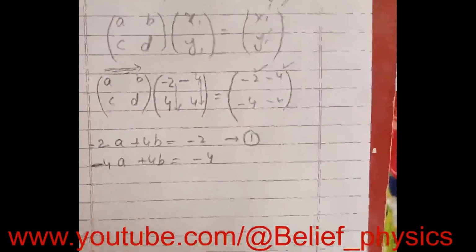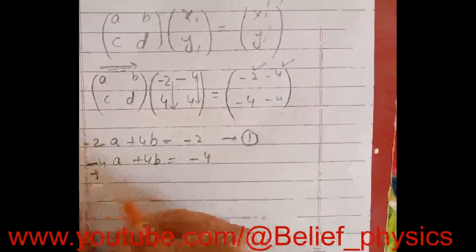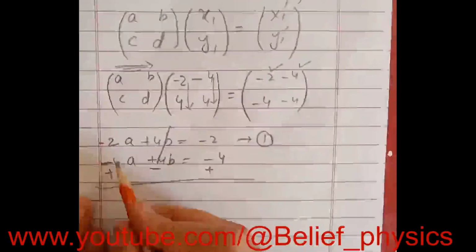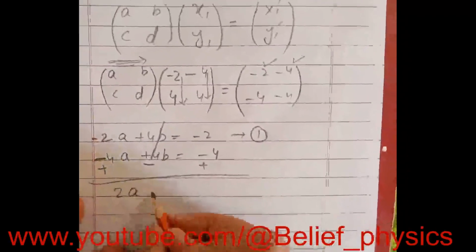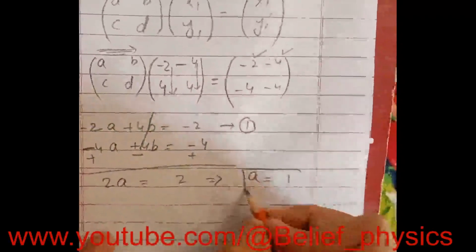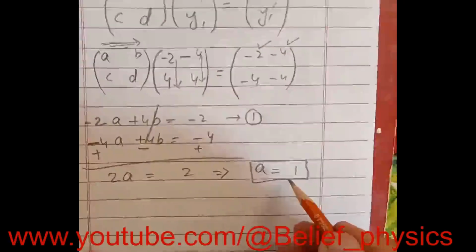These are two equations. We solve them to find a. If we subtract them, this is plus, this is minus, they cancel. Plus 4a minus 2a is 2a, which is equal to 4 minus 2, which is 2, so we get a is equal to 1.